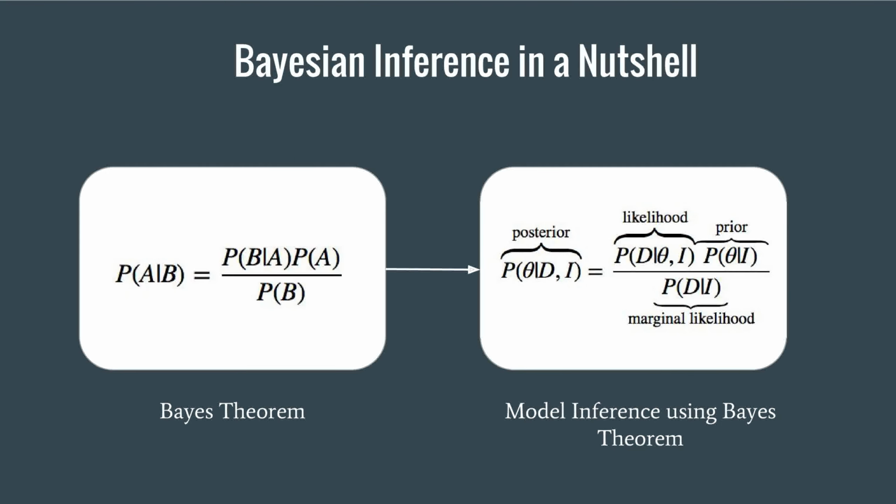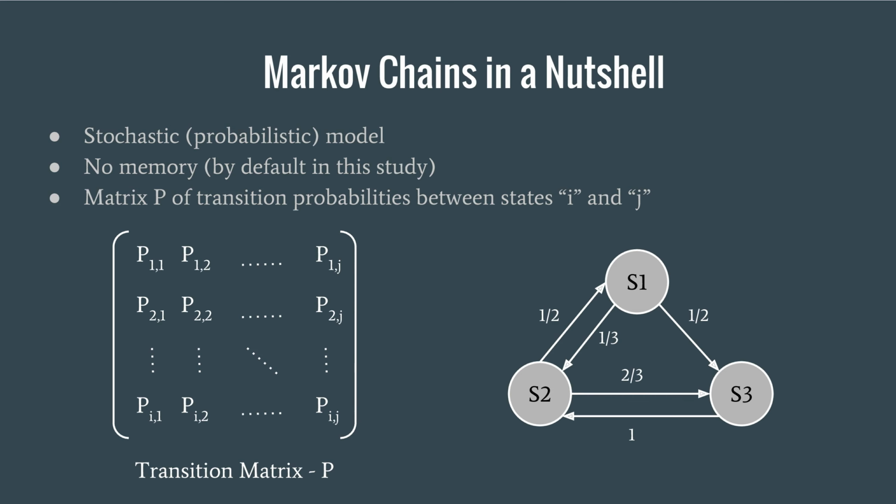Bayesian inference utilizes the famous Bayes theorem, which is shown on the left. For model inference, we replace A with the unknown parameter theta and B with the dataset D. Now I is introduced to provide an additional assumption to the inference. The Markov chain is used to express human trails on the web.